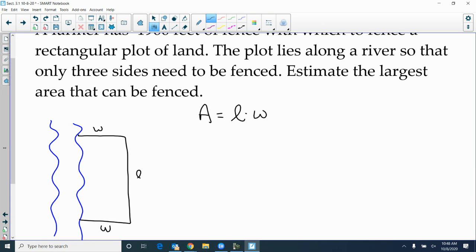I have to use that to come up with a function. Now here's the deal. You have to be able to write one variable in terms of the other. Length equals, I don't know, 2W or whatever. They're going to give you information to do that. All right, any ideas?